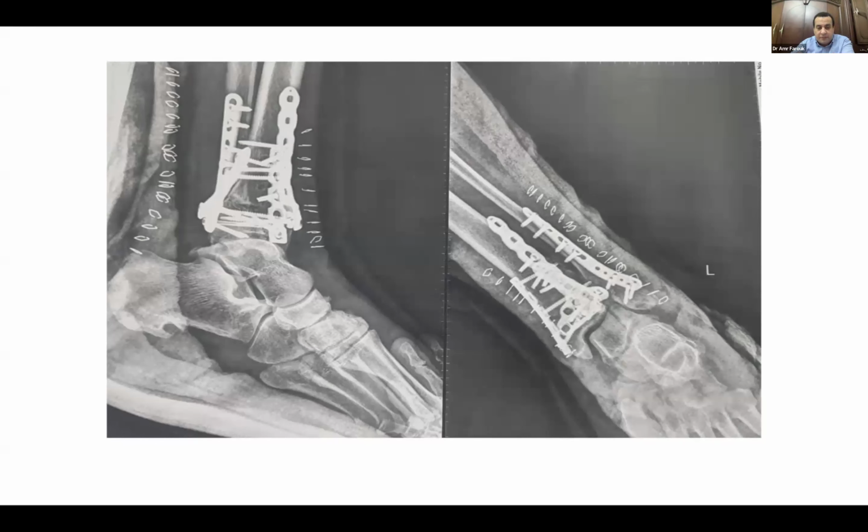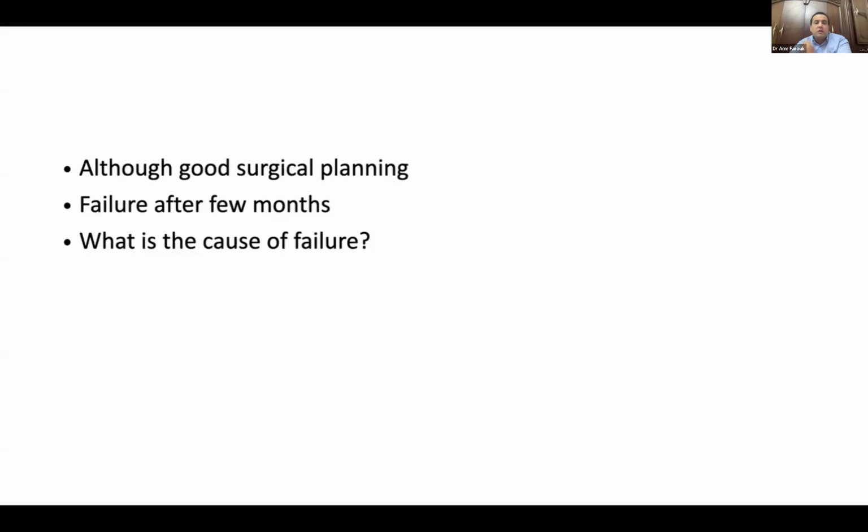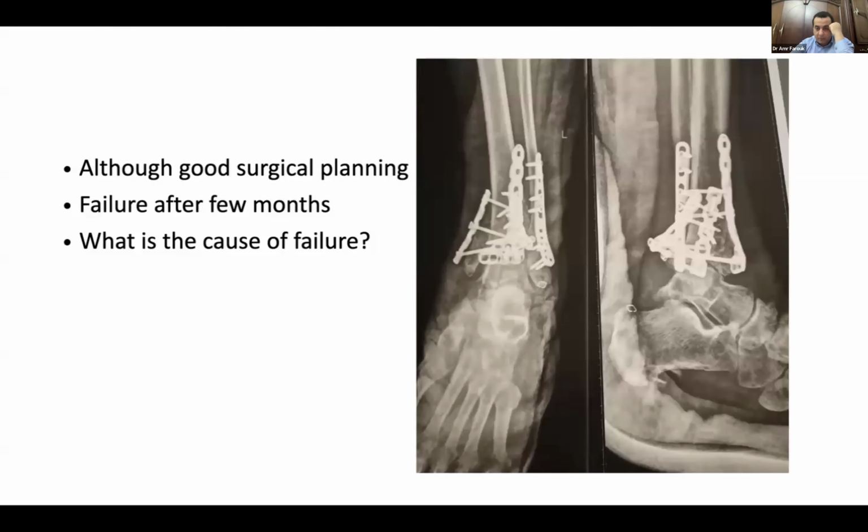So what happened is, unfortunately, this is another CT which was done for the patient after the operation to assess the reduction. It seems that the reduction is good and the articular surface is good. So it failed few months after the operation. Why it failed? Because of the non-compliance of the patient.